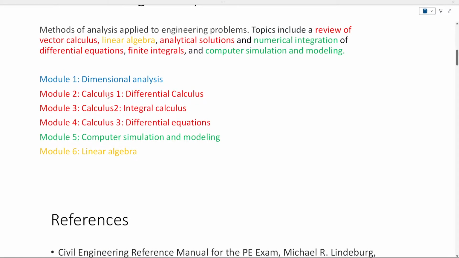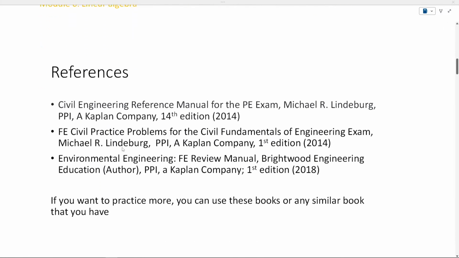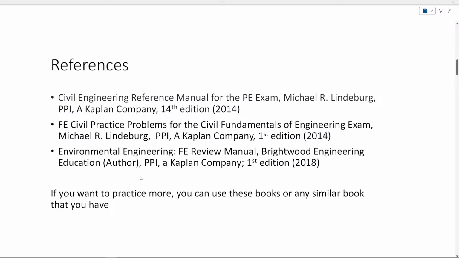For these 3 modules, Calc 1, Calc 2, and Calc 3, these are some of the references that I used to prepare these lessons. I have these books in my office if you want to check them out. Use these references if you want to learn more about the material covered.